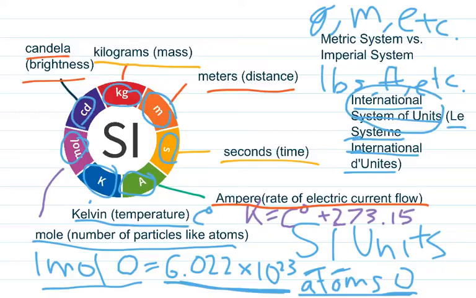And CD stands for candela. But remember, in chemistry, we usually don't use candela. So let's just not think about that for now. Let's think of the other 6 that are more important. But if you do take other courses, then the candela will be important, maybe in physics, for example.